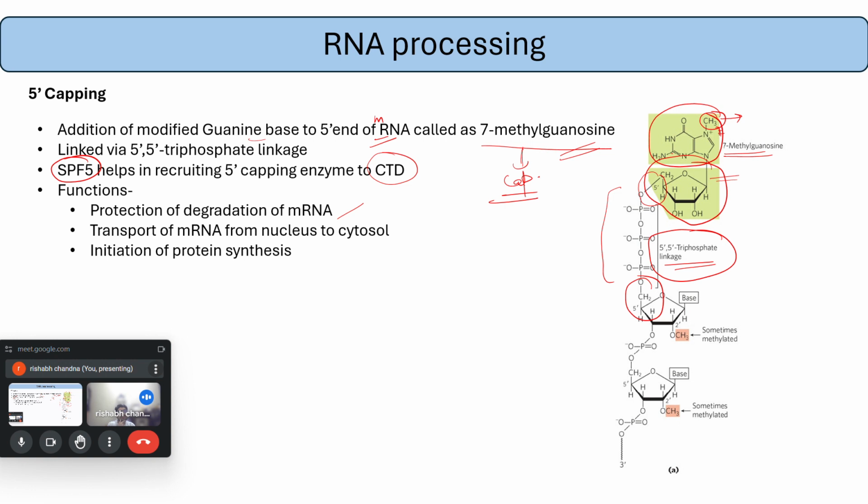When the ribosome binds to the mRNA, this cap plays a role in positioning the ribosome at the protein synthesis starting site. We'll see that in more detail. This is the structure of the cap linked by the 5 prime triphosphate linkage to the first base. We'll see the process first.